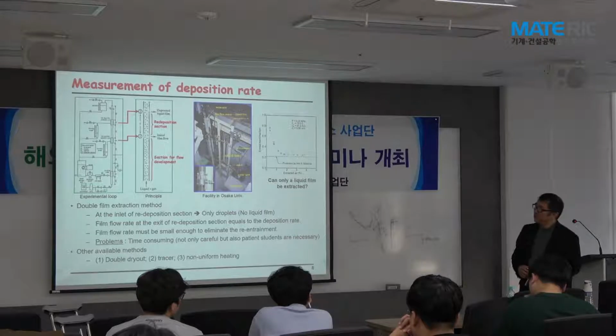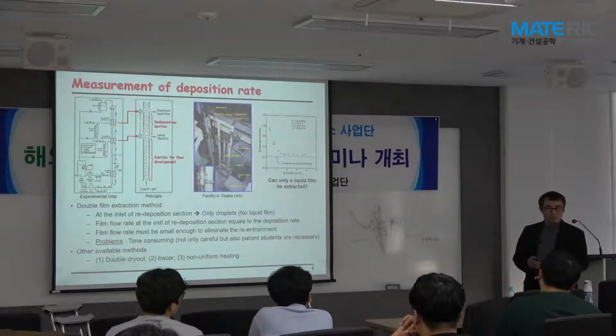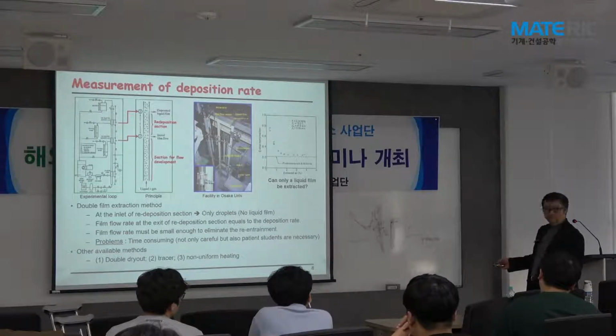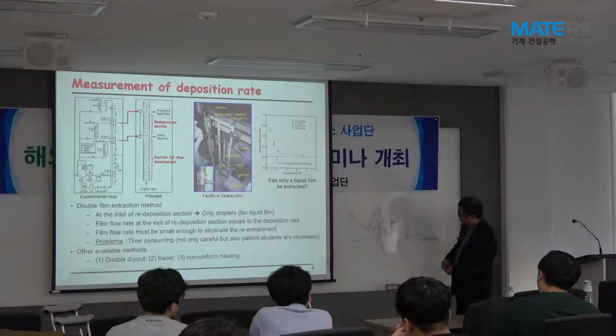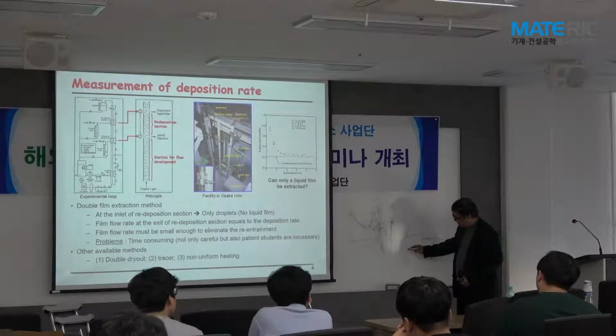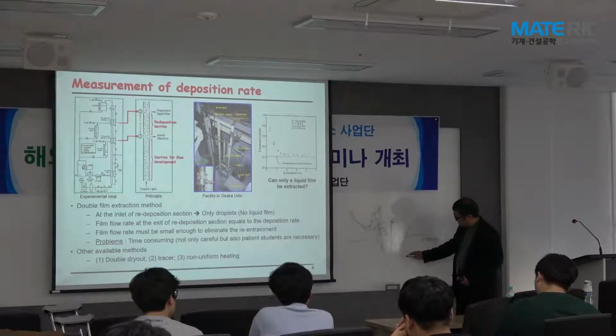And I think the effect of the deposition, porous section length is not so much. Because in principle, the liquid film is like this, and this is the porous section. And in the porous section, liquid is removed.